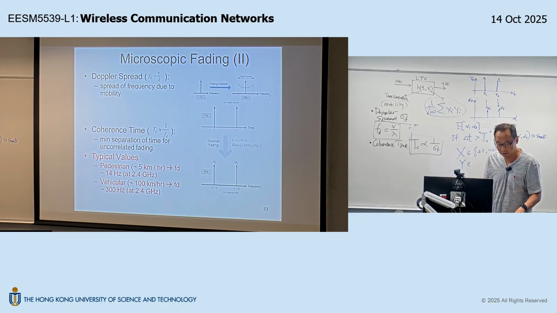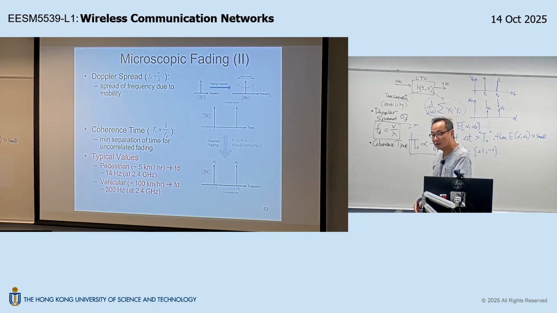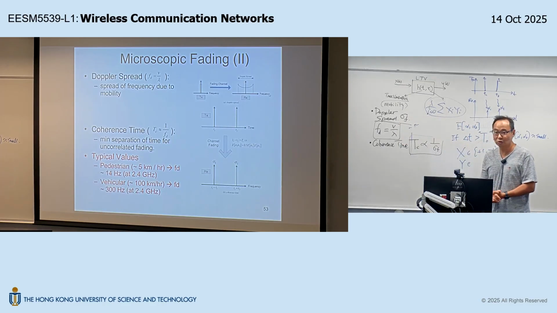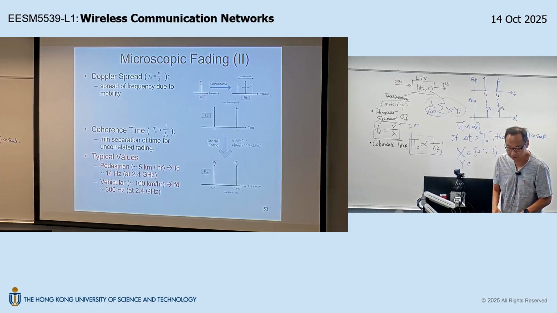Actually, in philosophy, we all assume we have causality, right? When you study hard, you get a distinction. But in fact, in philosophy, it's not universally accepted that this world has causality. But this is sidetracking too much.